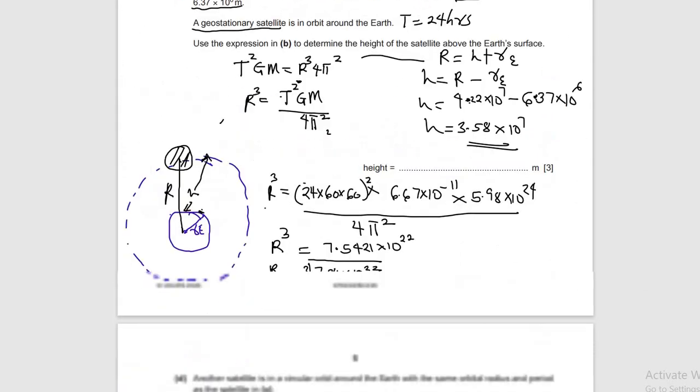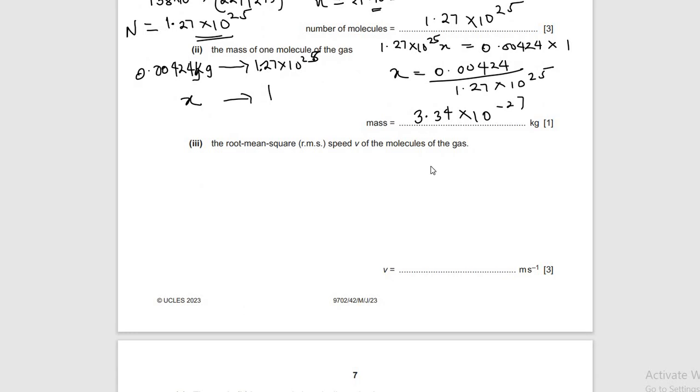I'm very sure you're familiar with this formula: PV equal to, the equation of the kinetic theory model of an ideal gas, PV equal to one third N small m times mean square speed.